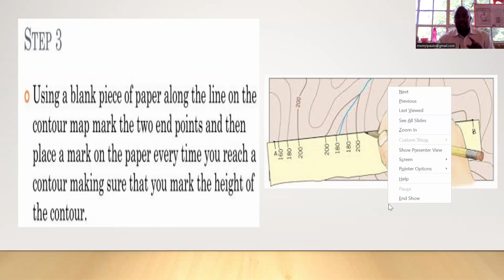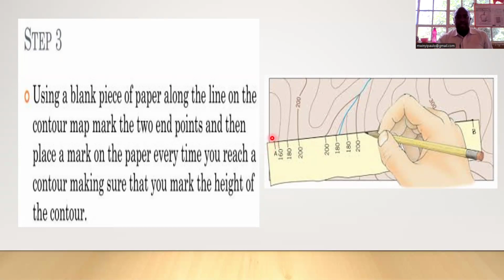And if you can see well, let me get a pointer. Good. You see, I started here by marking where I'm going to start, and I label this as A, and then here I've labeled as B. Now this was my plain piece of paper.